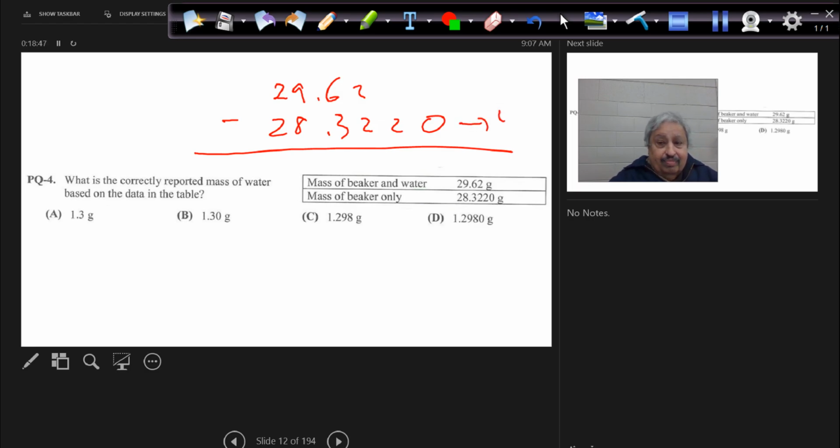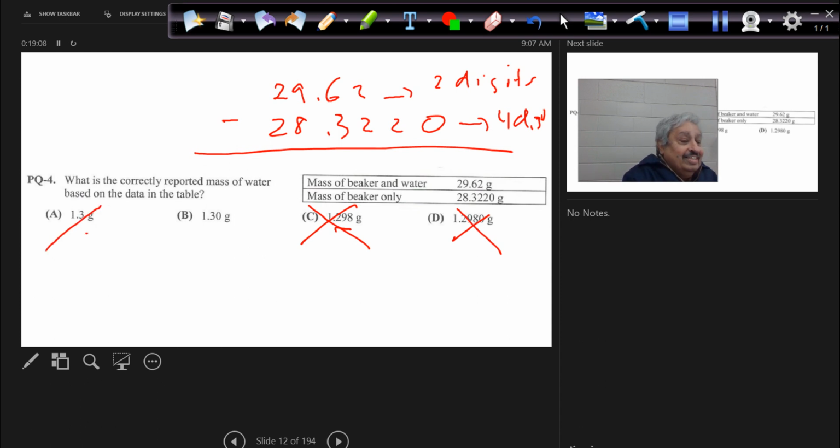This one has 4 digits, correct? And this one has what? 2 digits. So now elimination. This one has 3, then this is out. This has 4, this is out too. Then this is 1, this is out.